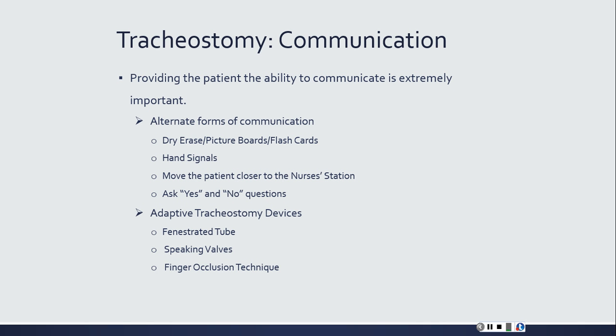That helps a lot, especially with that psychosocial aspect. And then finger occlusion technique. Basically, they put a finger over the tube when they want to talk. Again, this is not something that they come out knowing how to do, but they can work with it some and learn those things as well. The key is, let them know that these services or devices are out there.